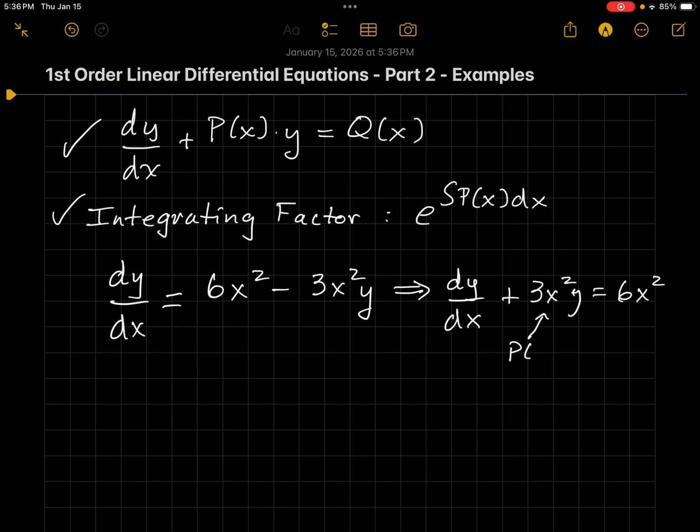I can see my p of x now, which is 3x squared, and my integrating factor is e to the integral of p of x dx, or e to the integral of 3x squared dx.